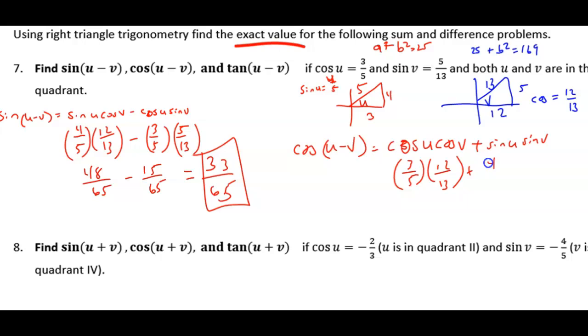Sine of u is 4 over 5. And sine of v is 5 over 13. So that gives us 12, 24, 36 over 65 plus 20 over 65. So 56 over 65.